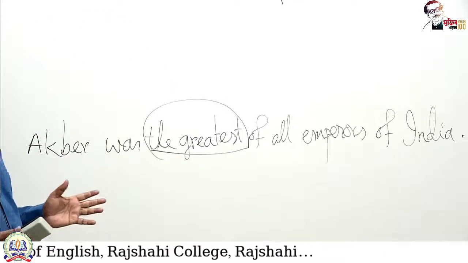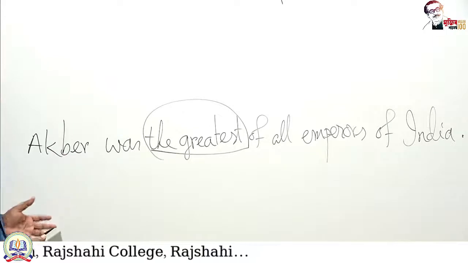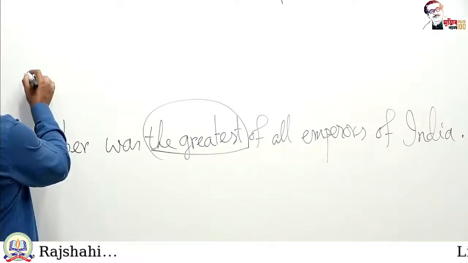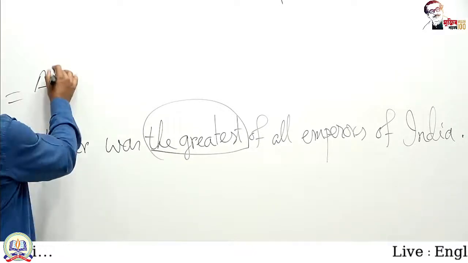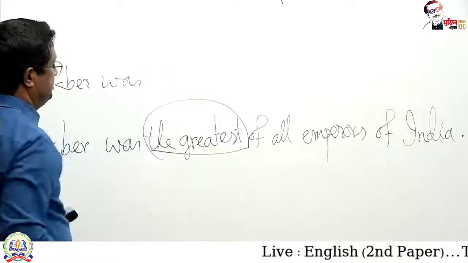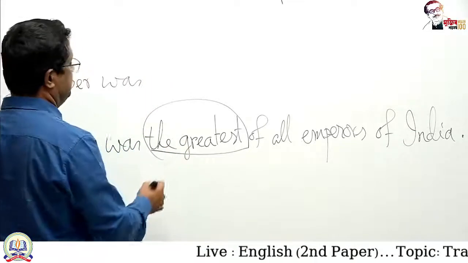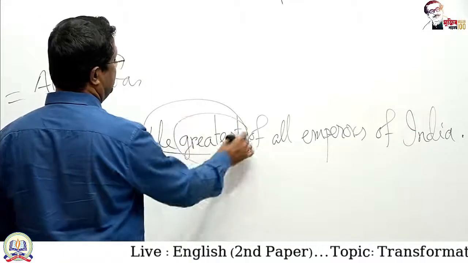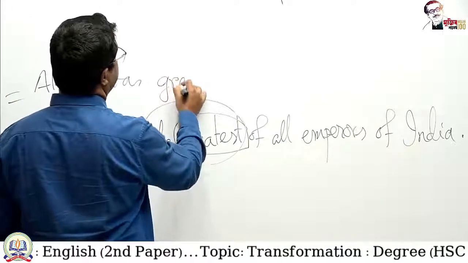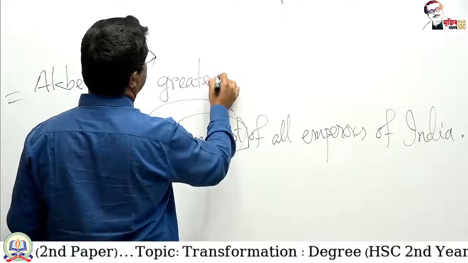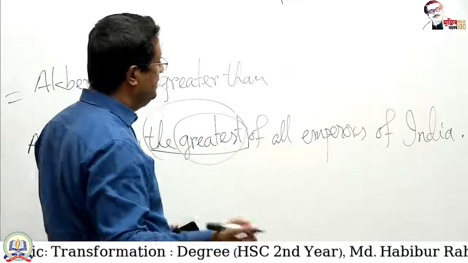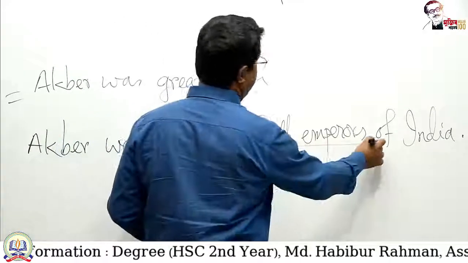And when we use comparative degree, the change is very minor. So it will be Akbar was greater. Comparative form of greatest is greater than. And here you find all emperors.